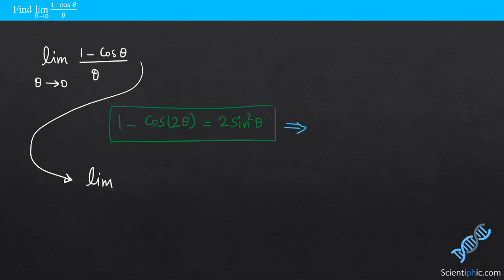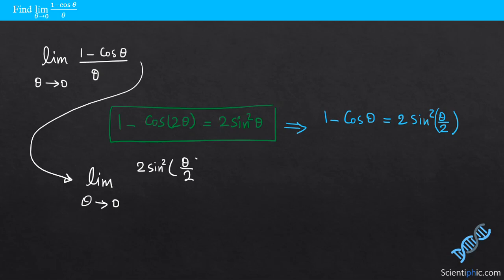In this expression, I'm gonna divide all the theta parts by 2, and then I will have 1 minus cosine of theta is equal to 2 sine squared of theta over 2. I'm gonna substitute that, so I will have limit of theta going to 0. Instead of 1 minus cosine theta, I'm gonna write 2 sine squared of theta over 2 over theta.